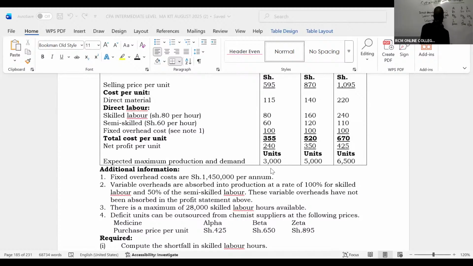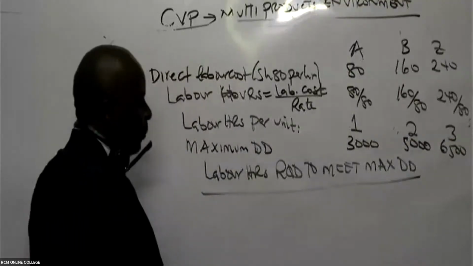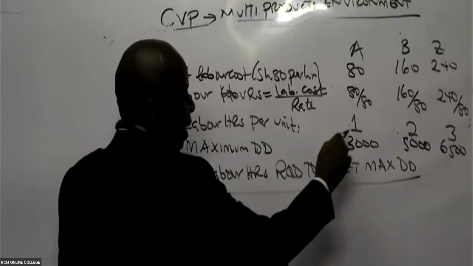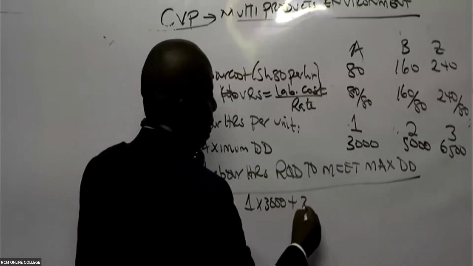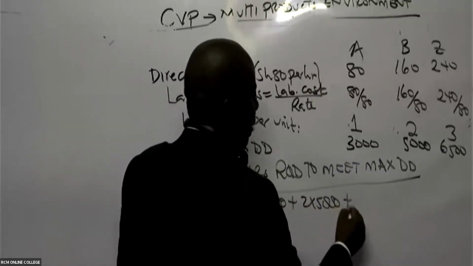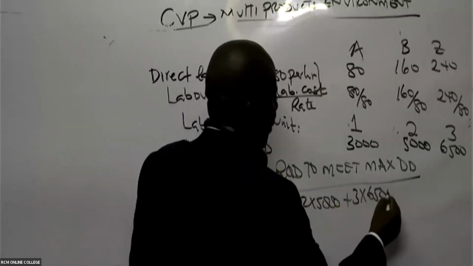Now, once I have this, I will very comfortably give you the labor hours required to meet maximum demand. How do I get this? This is very easy. What I will do, I will take the hours per unit, you know this per unit, eh? So it will be 1 times 3,000 plus 2 times 5,000 plus 3 times 6,500.